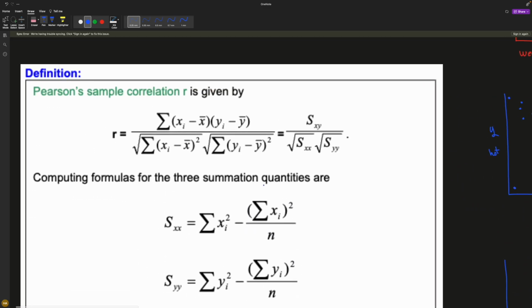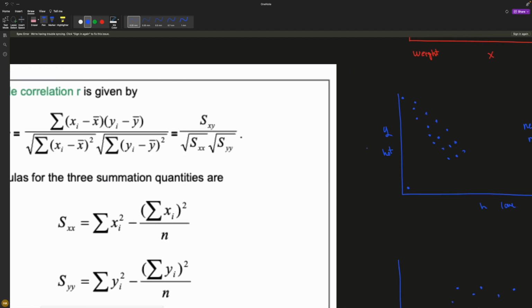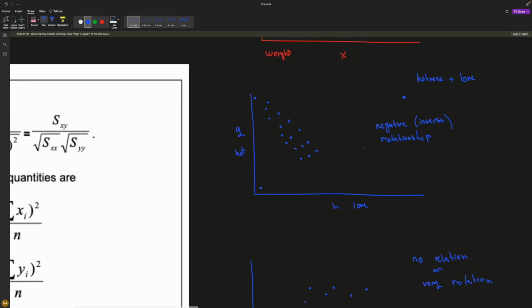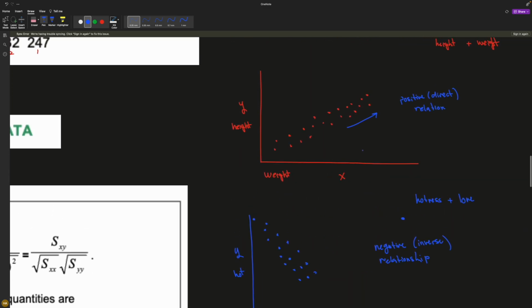So now we're going to be doing Pearson's sample correlation. What does that mean exactly? Now I know the math looks fancy, but don't stress it. It's actually very simple. It's a little bit tedious, but it's very simple. So you see how here we looked at the data and we're like, okay, this one's positive, this one's negative, this is nothing. But what if I want to know exactly how tight the relationship is, in numerics, as a number?